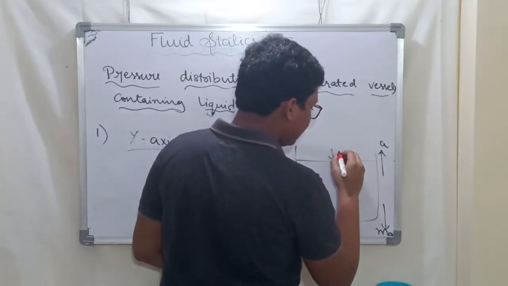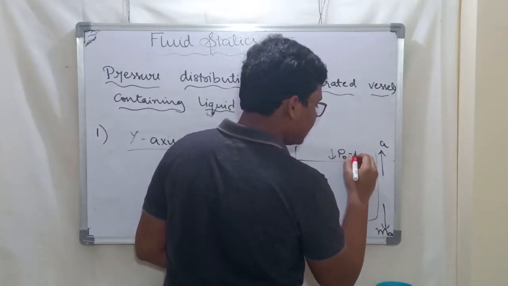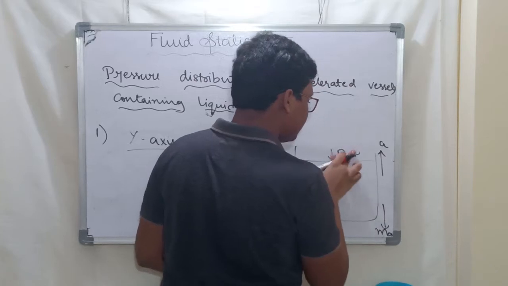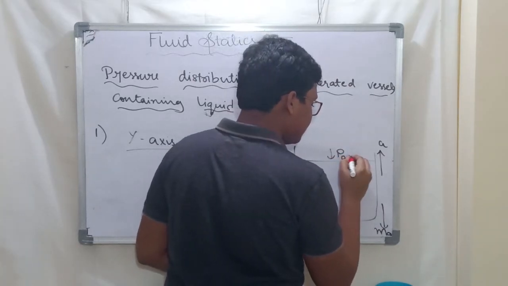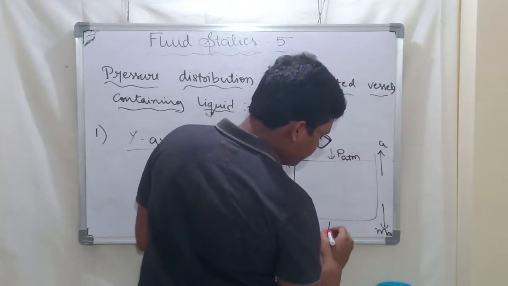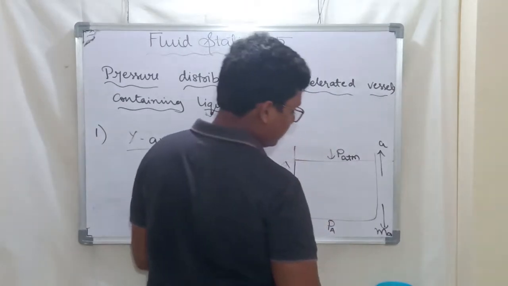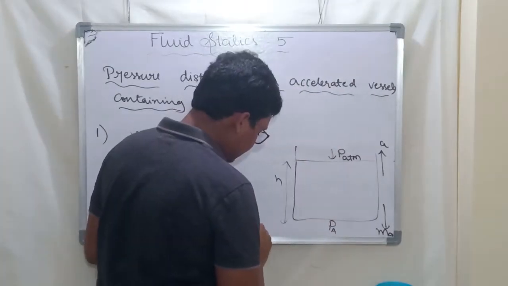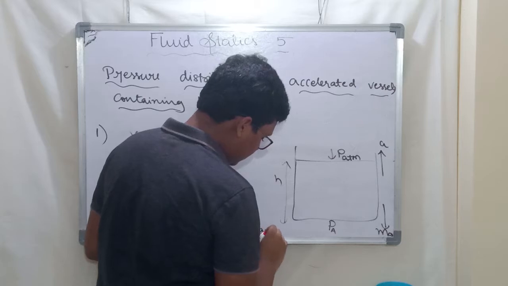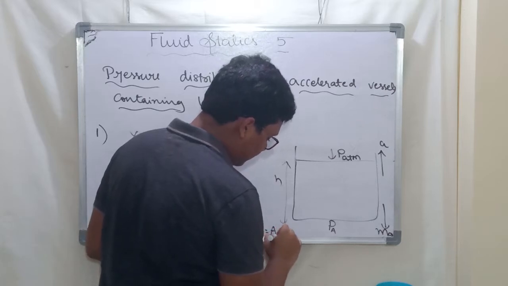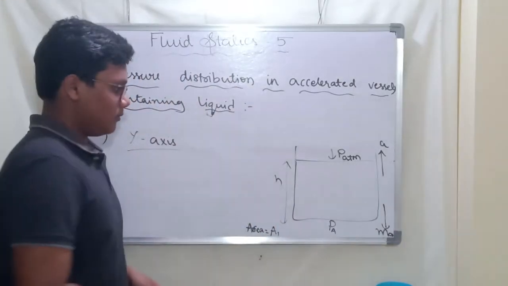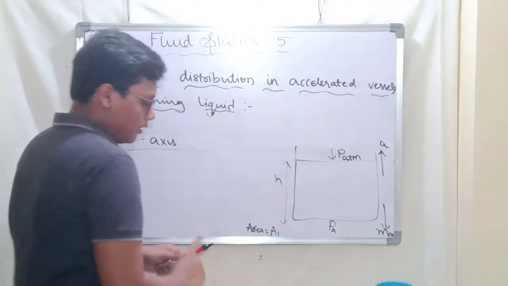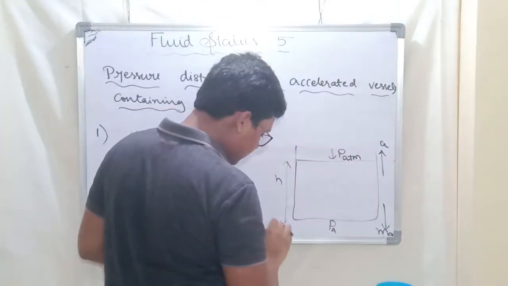This is P ATM, the atmospheric pressure, and this one is PA at this point, and the cross sectional area is A1, or we will take the cross sectional area as small a.